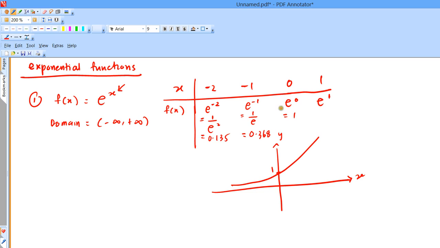If we take any value of x, f(x) approaches 0 but does not equal 0. So here the range is 0 to positive infinity, but it does not include 0.